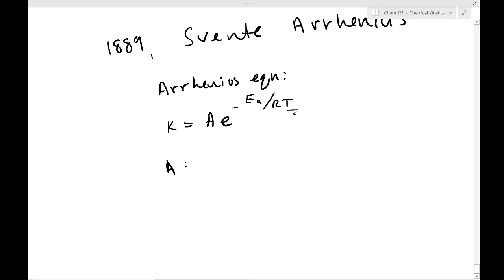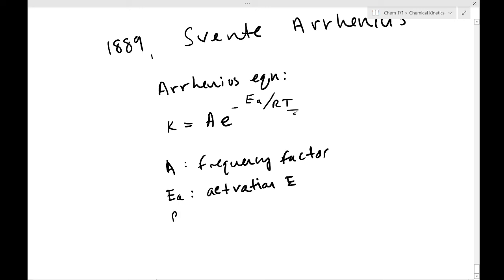A is something called a frequency factor. Ea is the activation energy. R is the gas constant that you guys know and love.